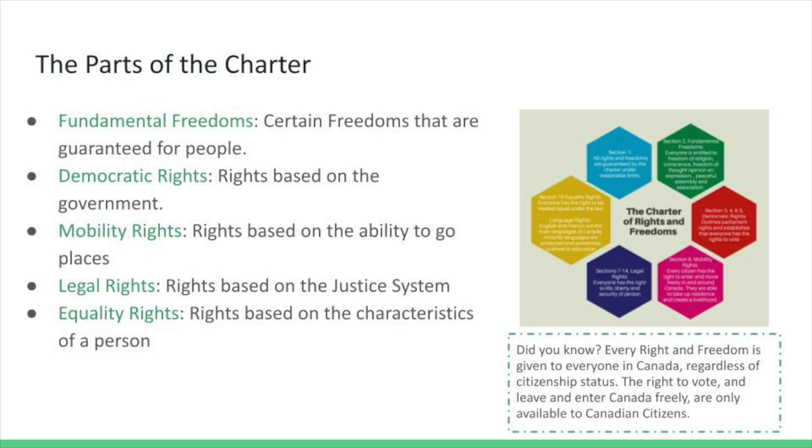Our democratic rights to vote and run for office, our mobility rights to move, live, and work anywhere in Canada, our legal rights, fair treatment under the law, and our equality rights, no discrimination based on race, gender, or ability. It's important to note that only Canadian citizens have democratic rights and mobility rights.